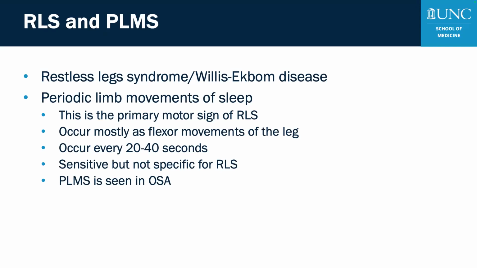It's also seen in people with obstructive sleep apnea. But if you have restless legs, you will have periodic limb movements of sleep. So obviously bed partners would go, well, yeah, they're moving their legs all day, or all evening, and then when they get in bed, they're kicking me in their sleep.